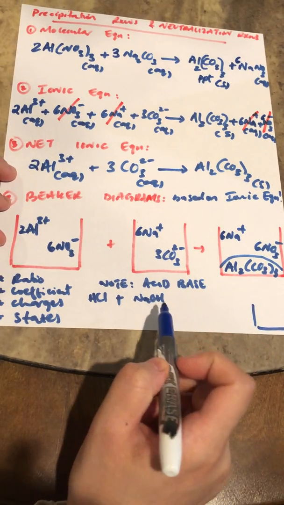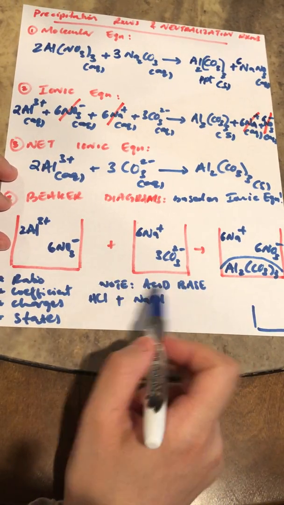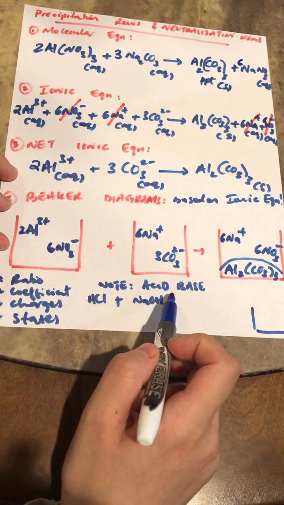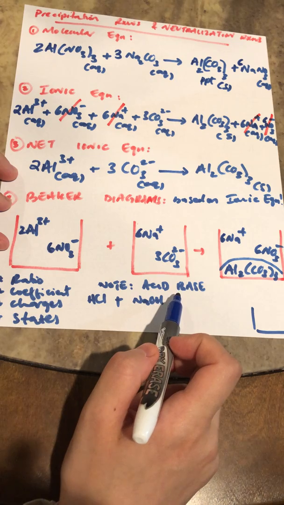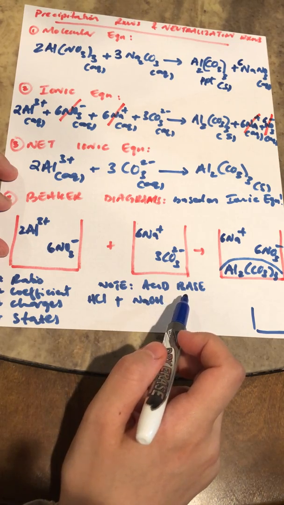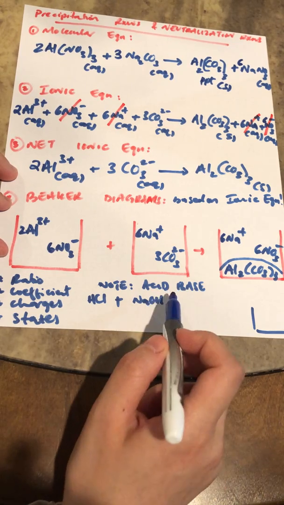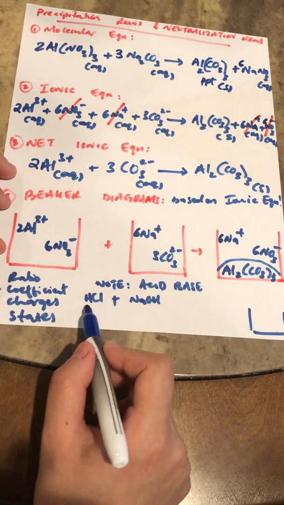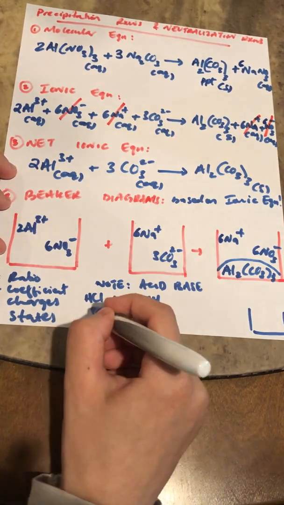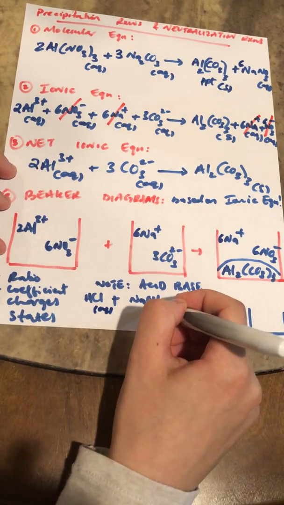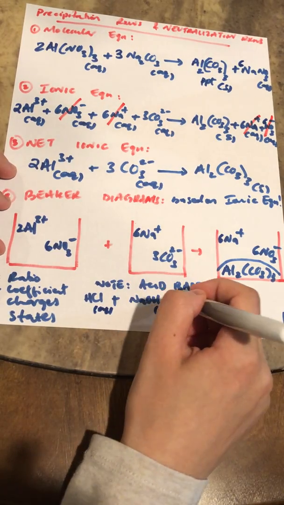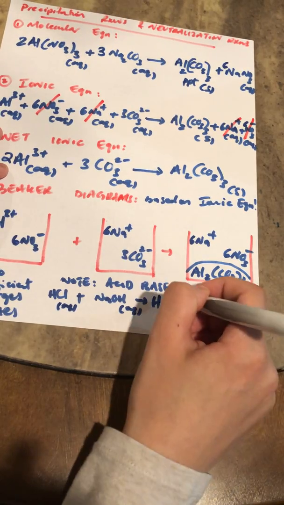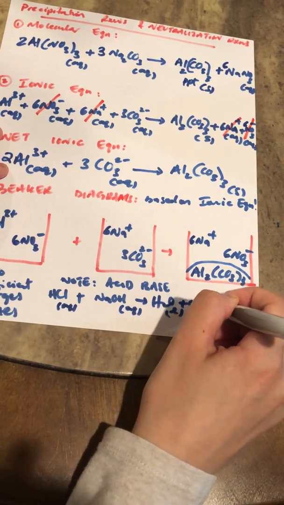Now here's the thing. If you remember, I told you earlier that acid-base neutralization reactions are considered to be part of the double replacement reactions. The reason I mentioned that is because if you get a question such as this one, which says hydrochloric acid reacting with sodium hydroxide, producing water and salt, the salt is going to be sodium chloride.